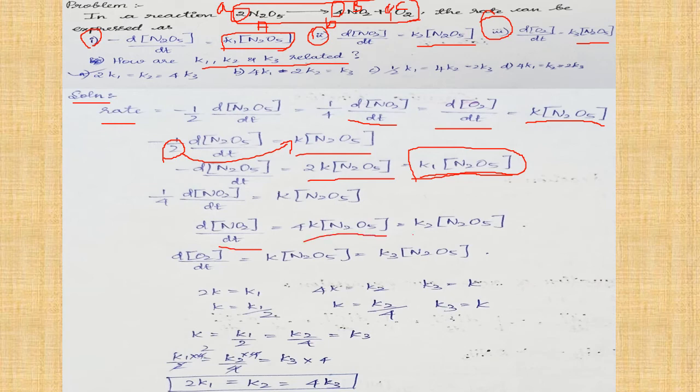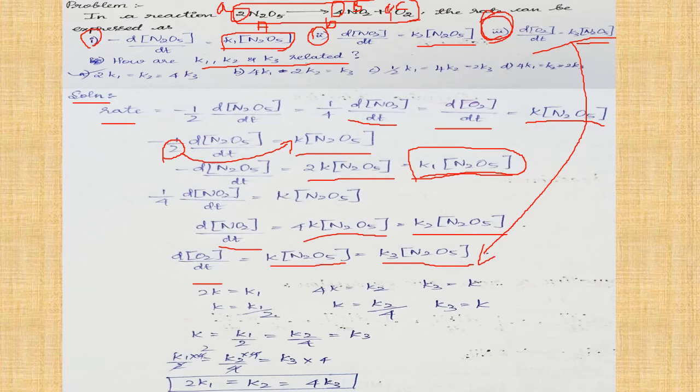Then that is equated to K2 N2O5. Then for O2 we get K N2O5, that we are equating to K3 N2O5. By using this third equation, we are equating it to K3 N2O5, dO2 by dt is equal to K3 N2O5.